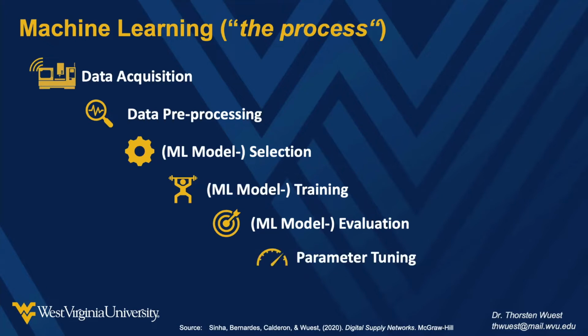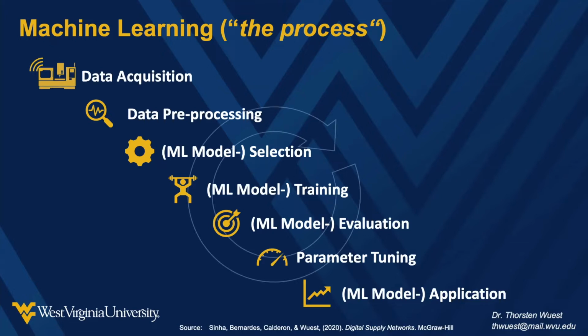Then we can tune the parameters of our algorithm to improve even more, given the particular problem space we're operating in. And then we can apply it. We can put it in a container and put it into our business process to do what it's intended to do. That all is an iterative process.